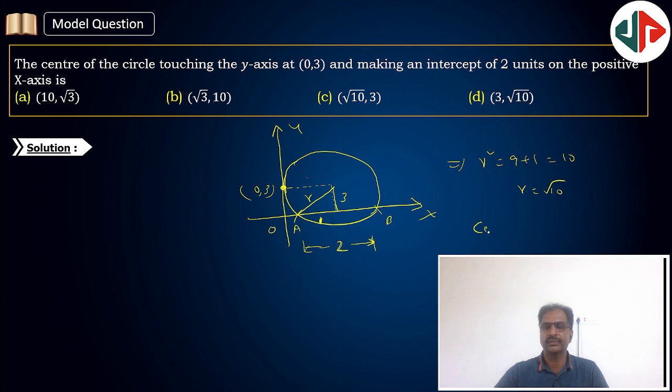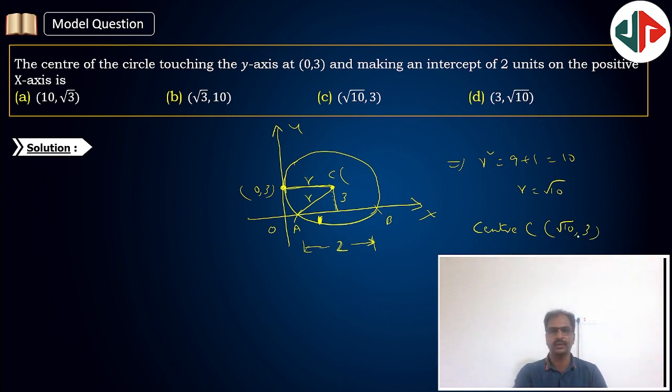The question is center of the circle. So what is the center coordinates? This is the center. This is x coordinate of center, which is same as r, which is root 10. Y coordinate of center is 3.